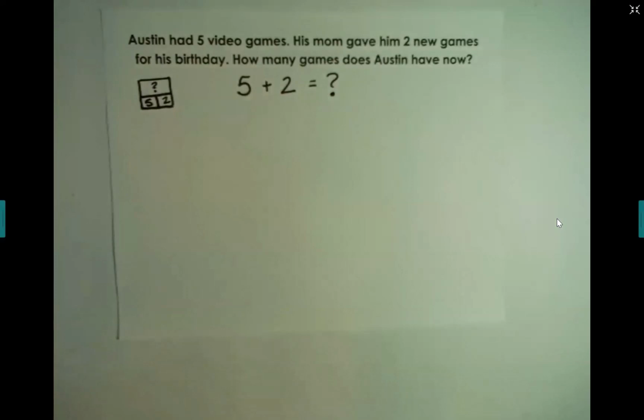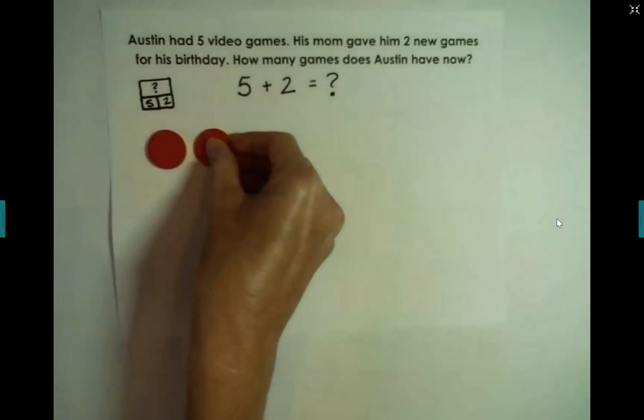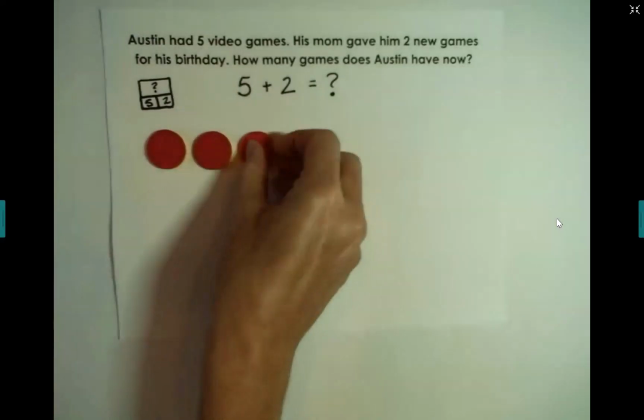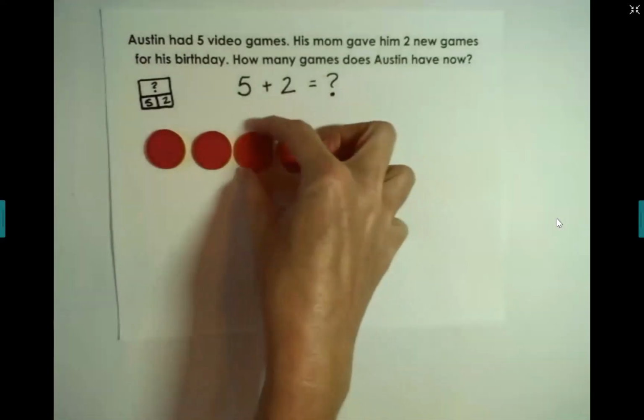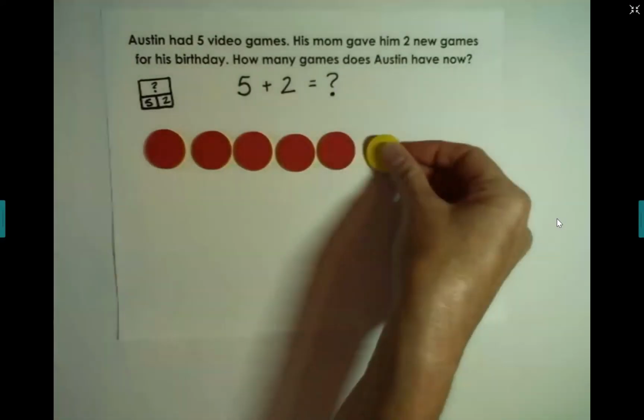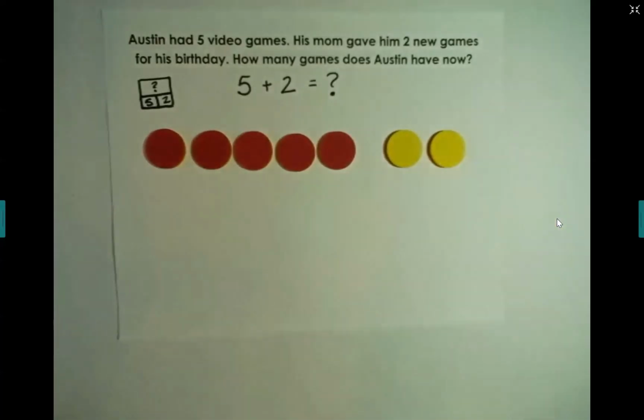So one way students may approach this problem is using concrete manipulatives like counters, where they can model both parts of the problem, the 5 video games that Austin already had, and then the 2 more games that his mother gives him for his birthday.